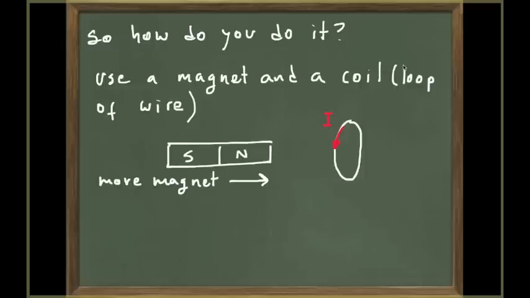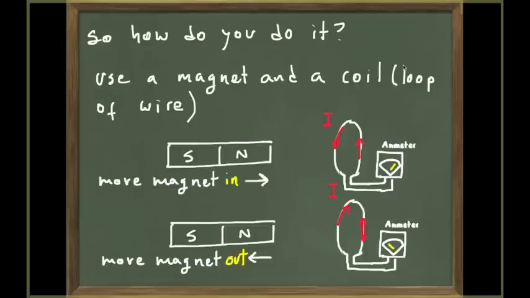If you move the magnet in, there is a current, and the needle is moving in a particular direction, telling you that the current is flowing in one direction in the coil. But if you already have the magnet in and you pull it out, then the current goes in the opposite direction. So notice that if I go in, the needle goes one way. If I go out, it goes in the opposite direction.